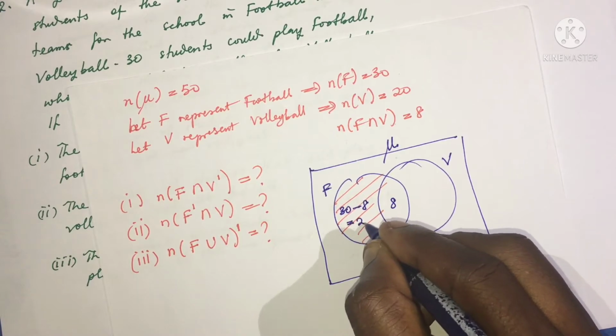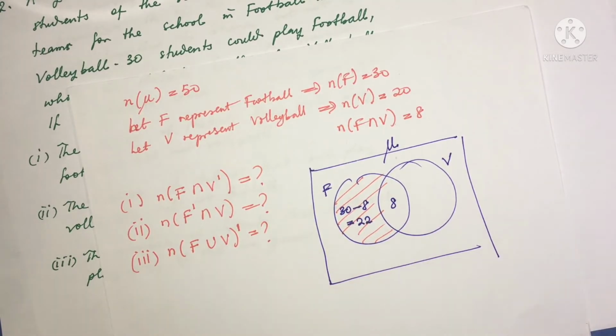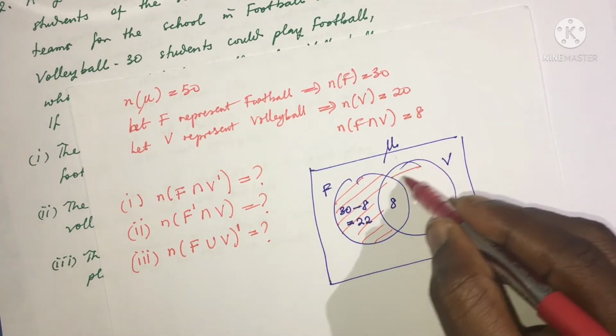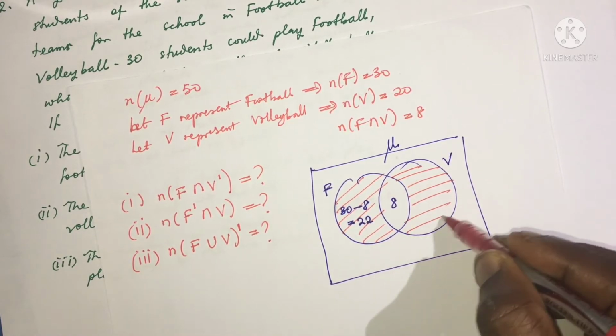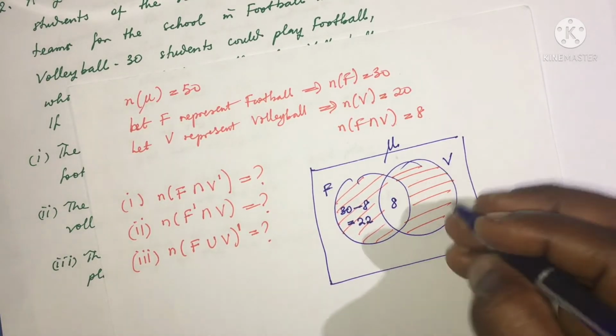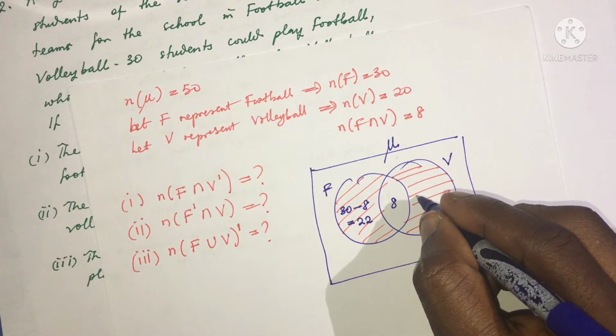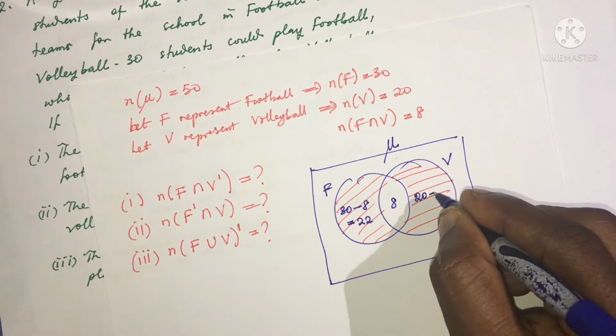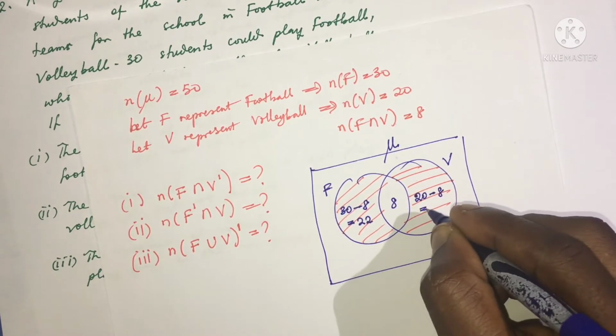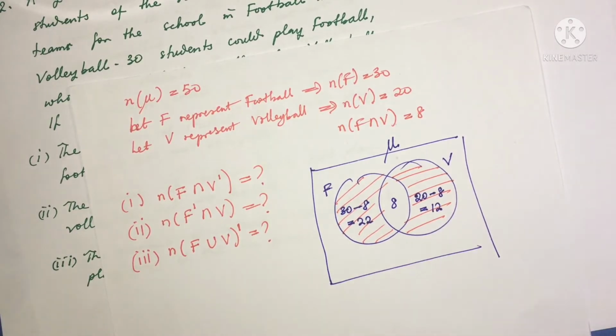And 30 minus 8 gives 22. Now, this other half moon is the portion that played only volleyball, and that will be the total that played volleyball, 20 minus 8, giving us 12.